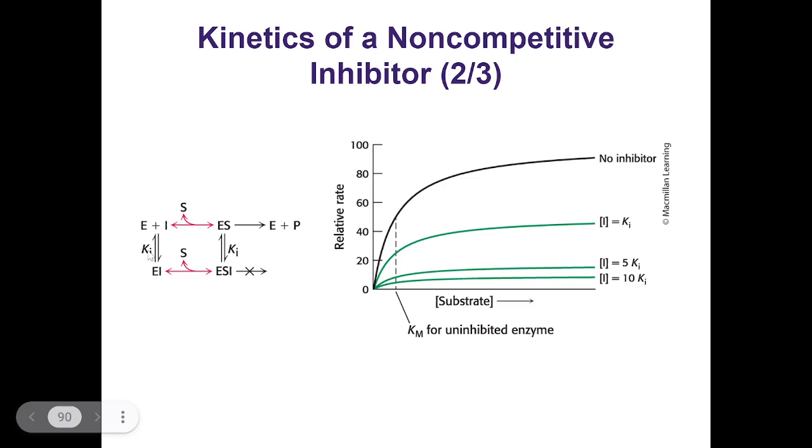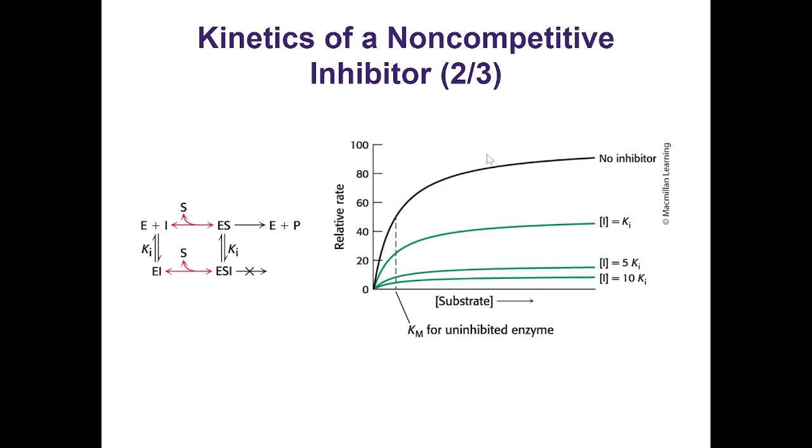That's it. So if you have an EI or an ESI, they basically end up being no product either way. But it doesn't change the binding of the substrate. It can go back and forth between ESI and EI.